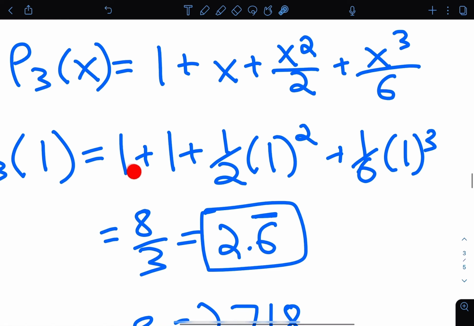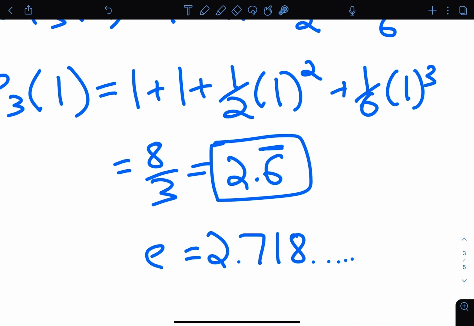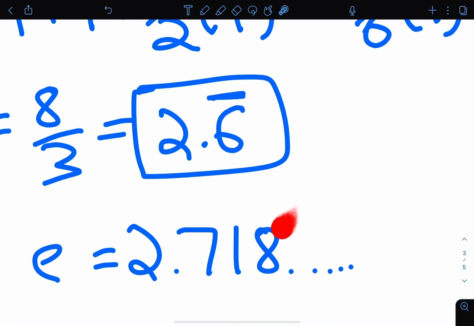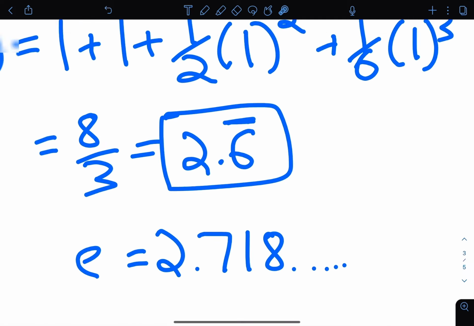And so I get 1 plus 1 plus a half plus a sixth, which is 8/3, which is 2.6 repeating, compared to, again, the actual answer we know is 2.718, blah, blah, blah. And so before there was electricity in all of our houses in the world, we could have approximated this not off by more than really a tenth. Pretty impressive.